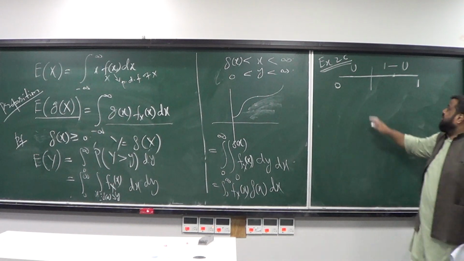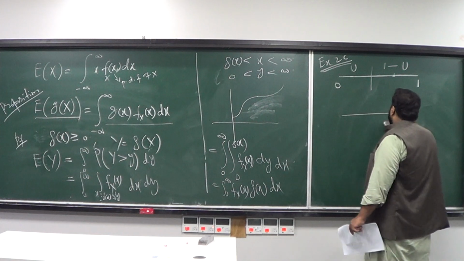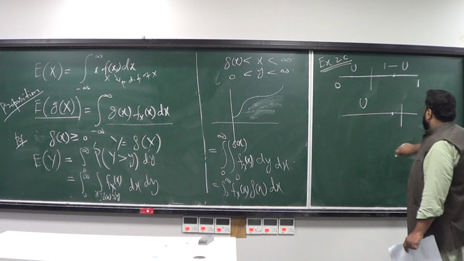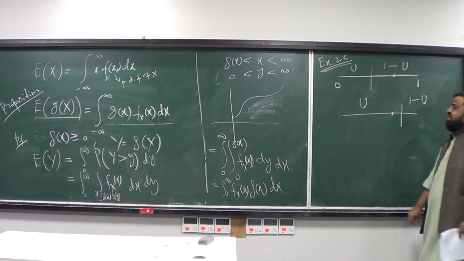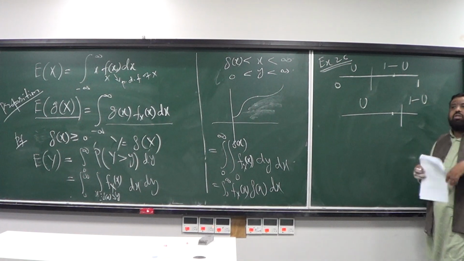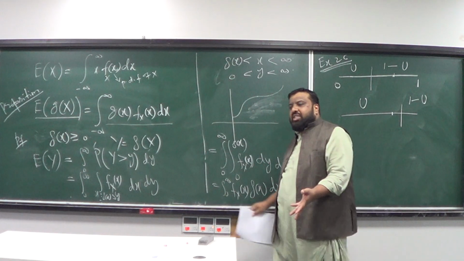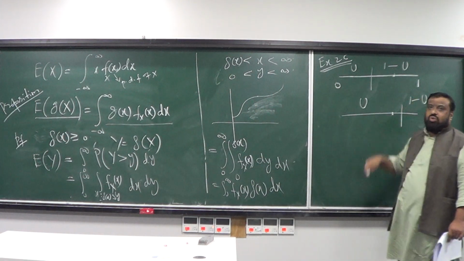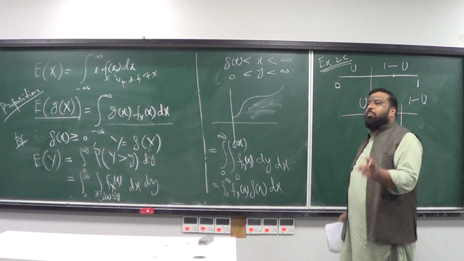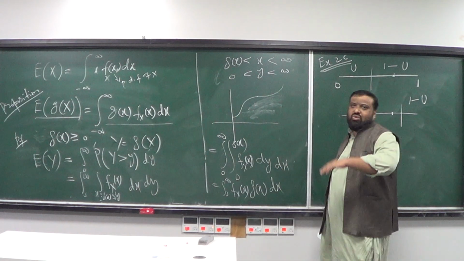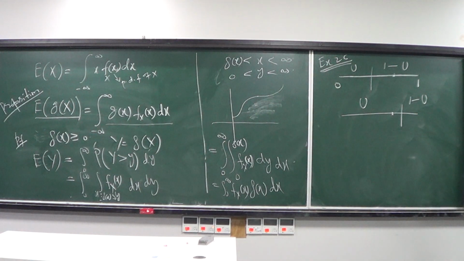But this breaking, I could also have broken it, say, here, and this u contains the colored point, and the other part, 1 minus u, does not contain the colored point. So if you take a stick, choose a point on it and then break the stick, there can be two possibilities. You break it and take a part of the stick whose length is u. Now there are two possibilities: your chosen point is going to be in u or not in u. Either it will be in u or in 1 minus u.